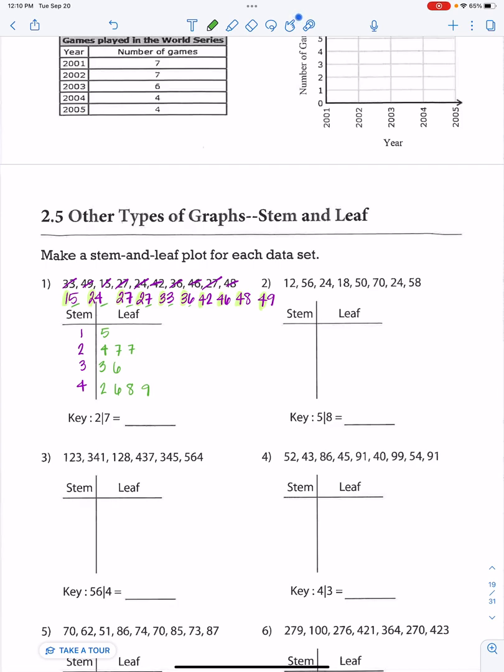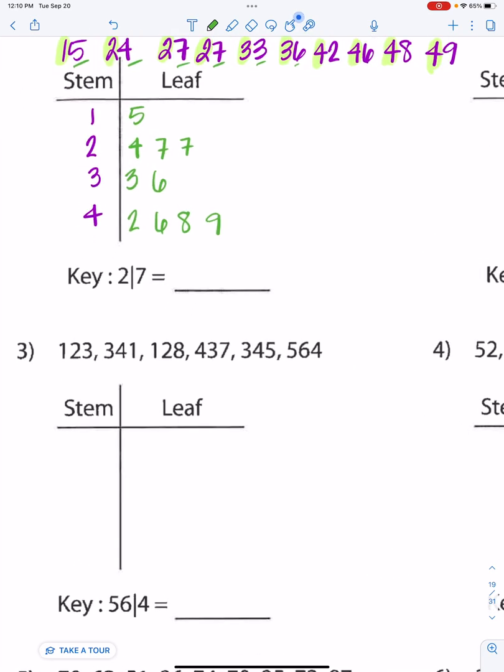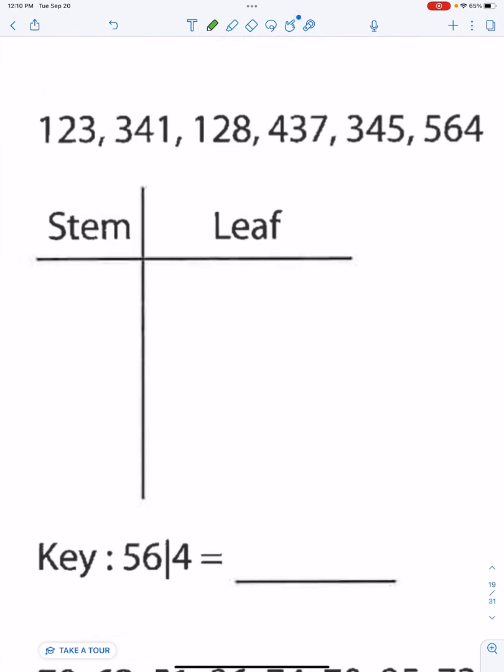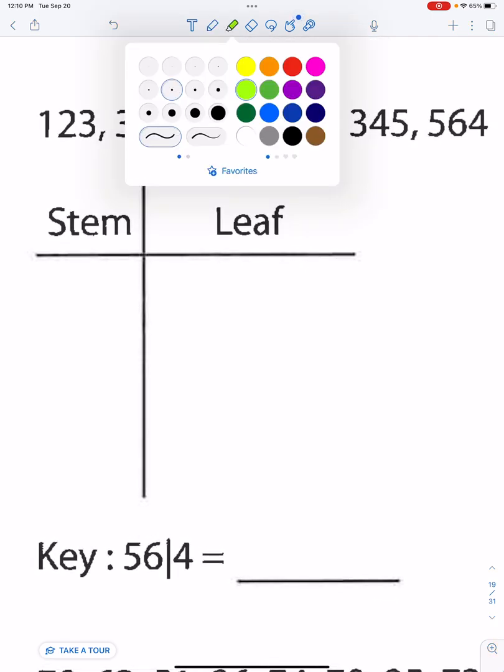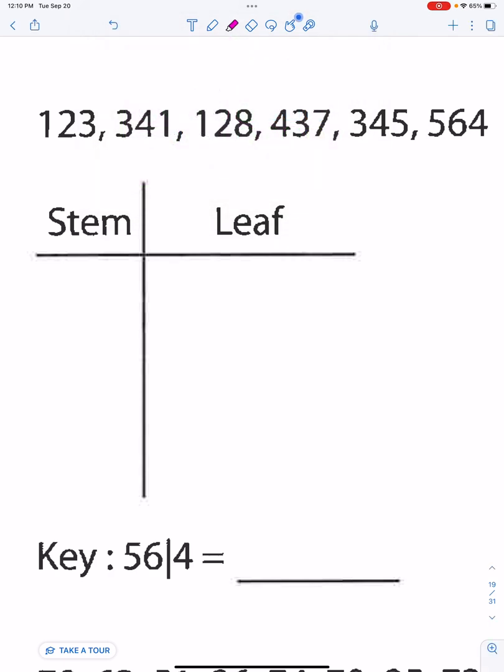They can be a little bit different when you have 3-digit numbers, not a whole lot, but we can go down and look at this guy. This time when I go look at my stems, I still want just that first digit.